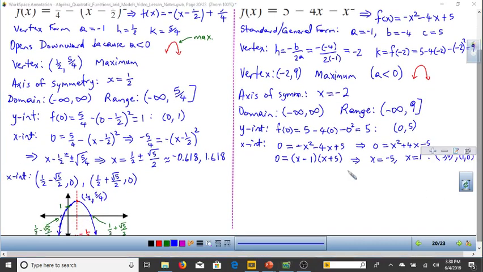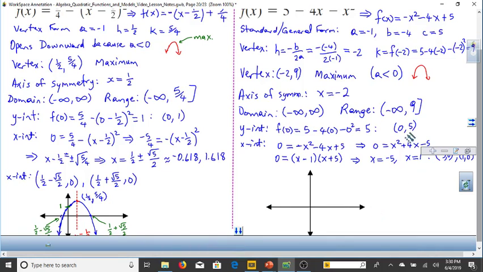Now let's see if we can draw this graph. First we draw our axes. X-intercepts are at negative 5 and 1.